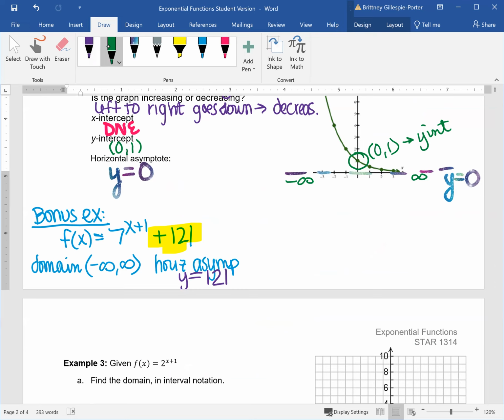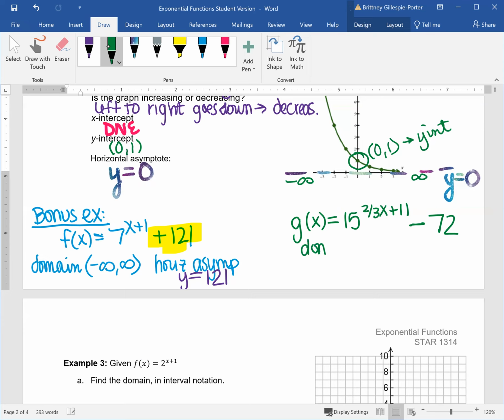Let's try another one. Let's say I have g of x is equal to 15 to the 2/3 x plus 11 minus 72, just for the heck of it. This guy, although he is pretty ugly, is an exponential, and that's because our variable is in the exponent.